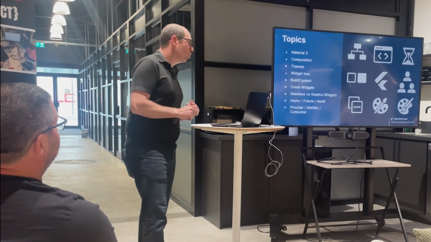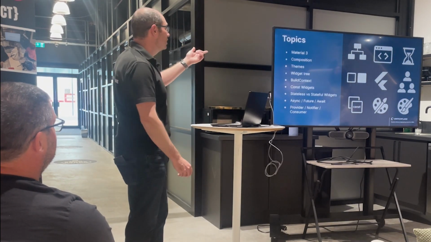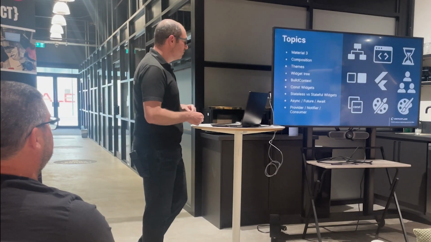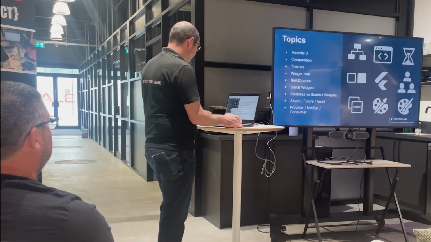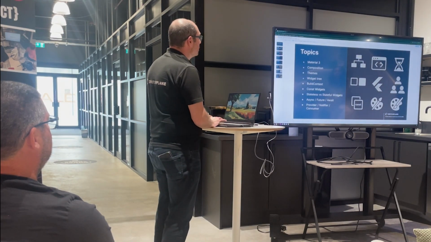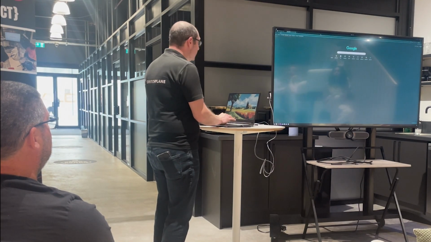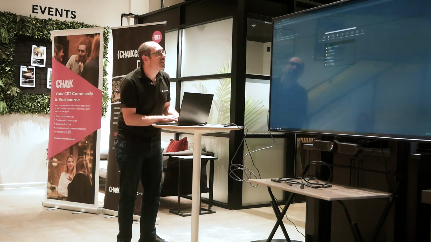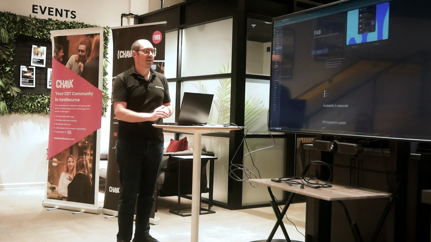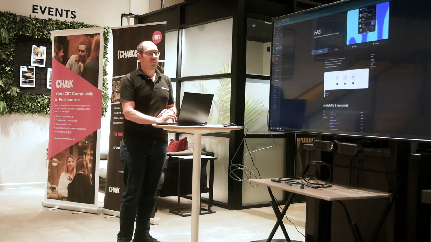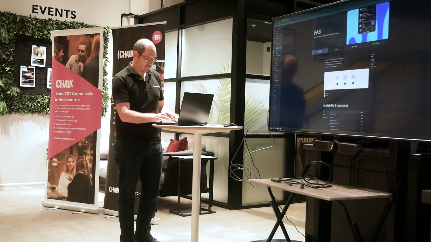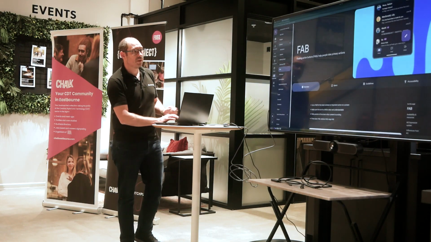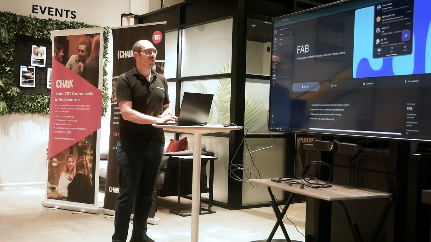So some more advanced topics. I've mentioned Material 3. So this is what I'm going to do, actually, I'm going to take over the screen. The Material 3 spec defines basically how all the UI looks.